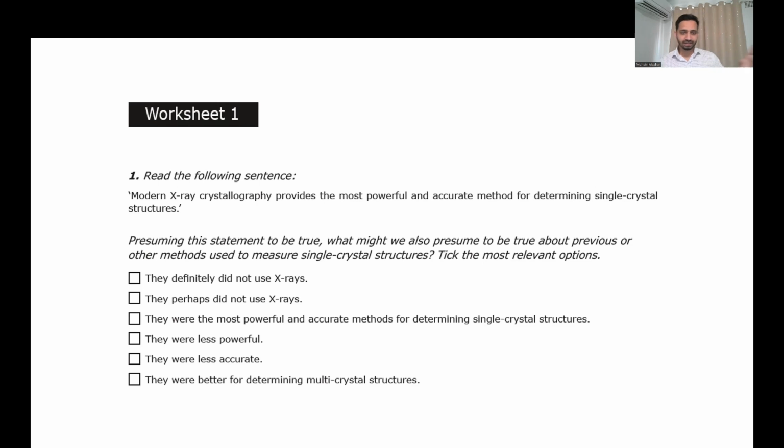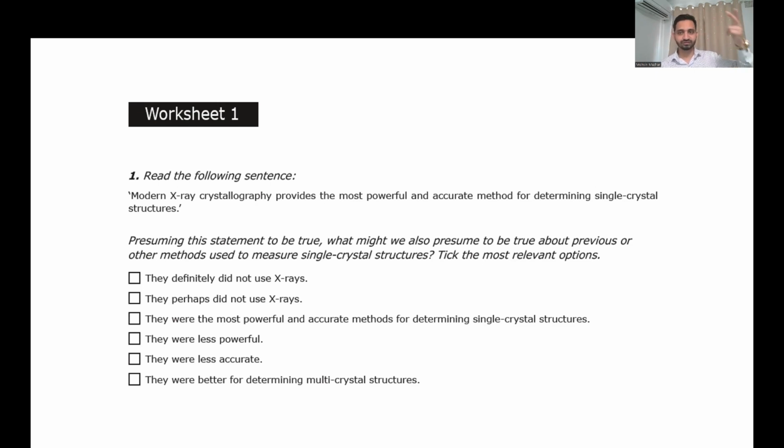Then we talk about the third option. They were the most powerful and accurate methods for determining single crystal structures. Well, that can't be true because it contradicts the statement at the top, because this new method is the most powerful and accurate, not the older one. So I can eliminate that. They were less powerful.